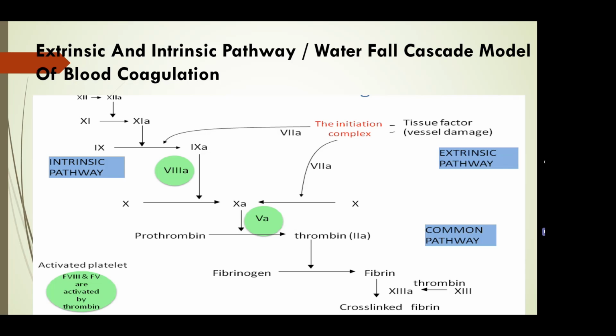Most coagulation experts identified factor 12 as the primary step in coagulation, because this factor could be found in the blood, whereas the tissue factor forming the extrinsic pathway could not be found in the blood.